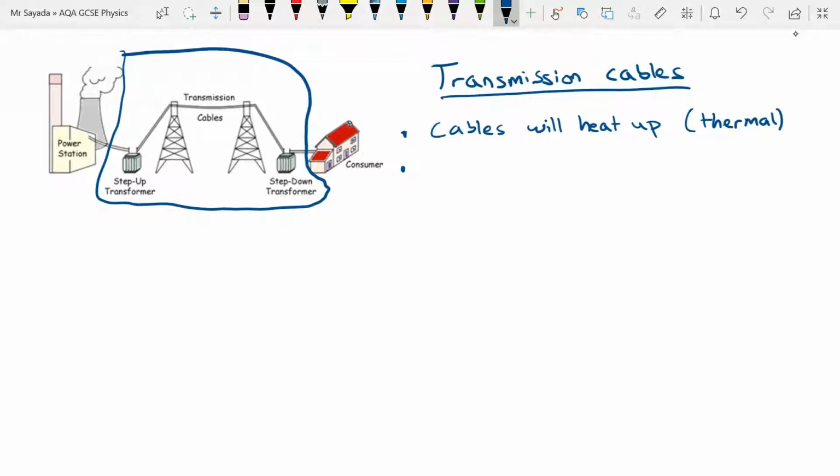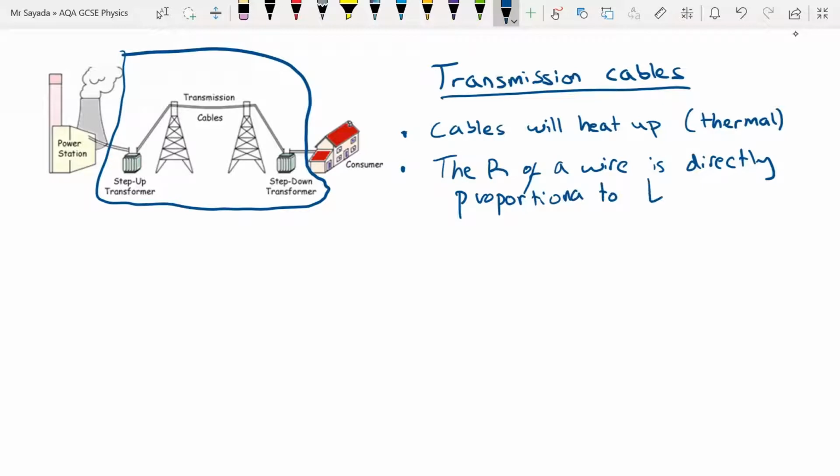The relationship between the length of wire and its resistance: the resistance of a wire or cable is directly proportional to the length of the wire.